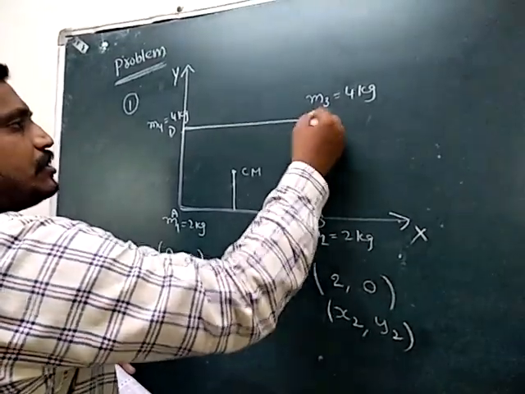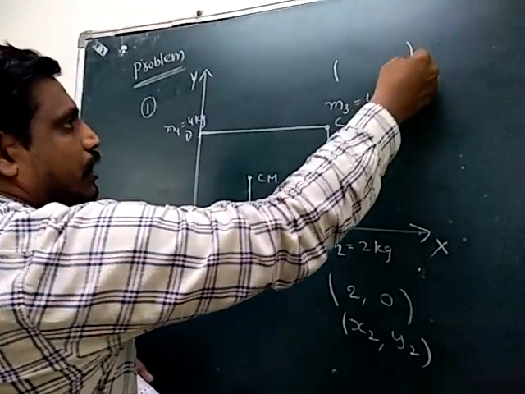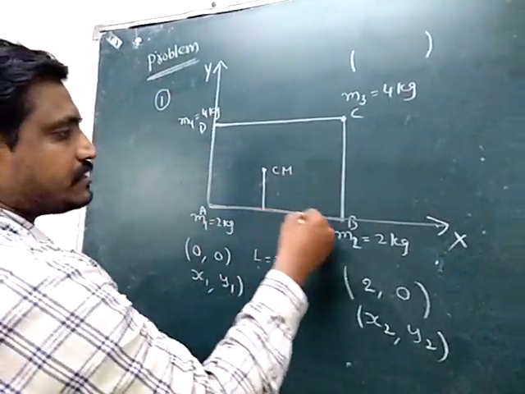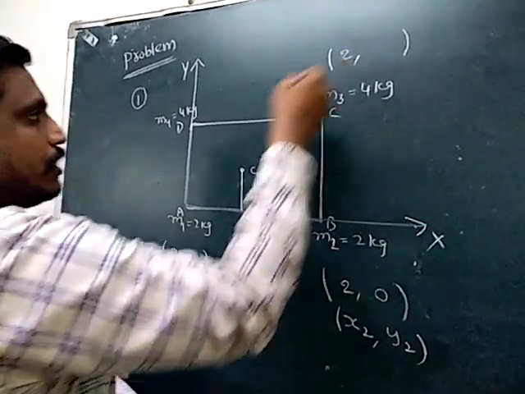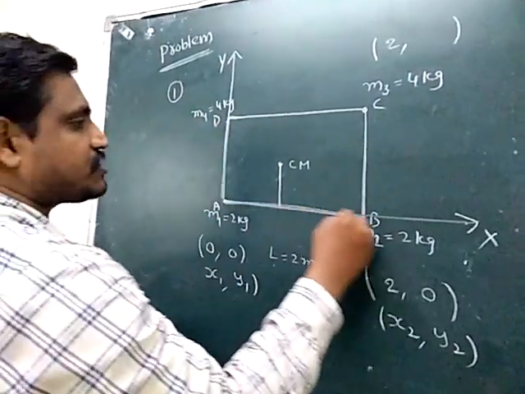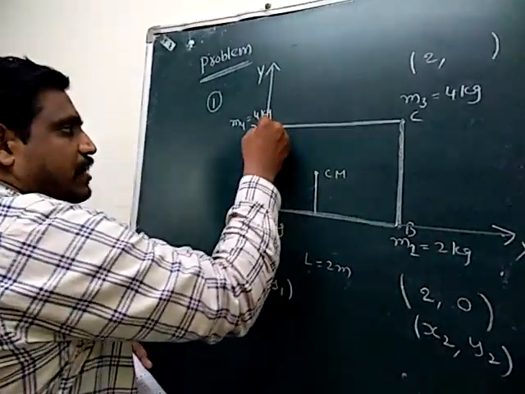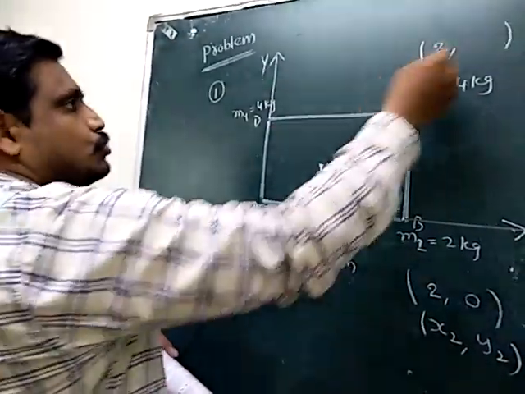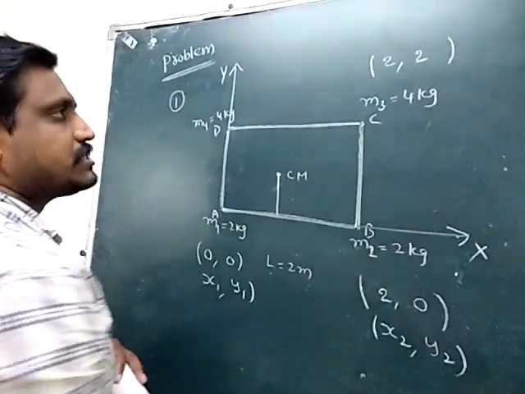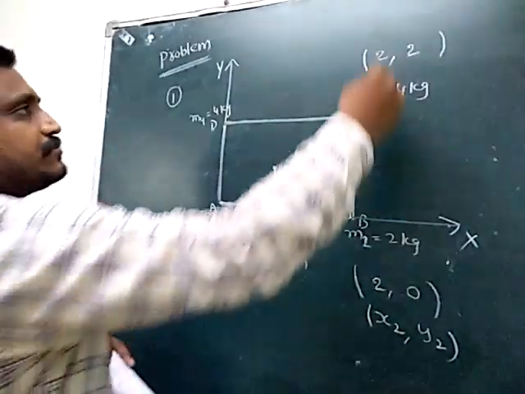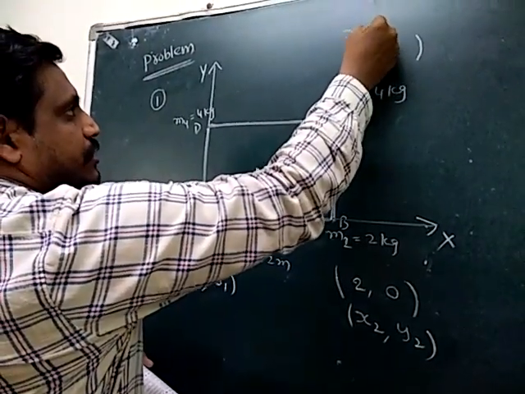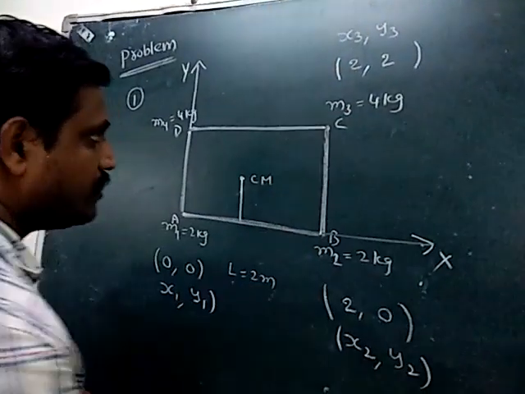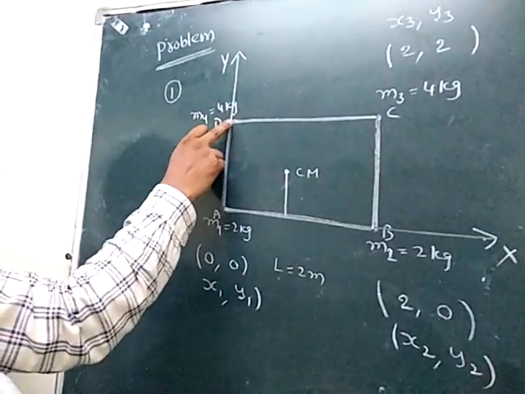Similarly, M3 is here, its x coordinate is length 2. This is the shape of the square. So this length also 2, because in the square all sides are the same. This is x3, y3. Here this is M4.